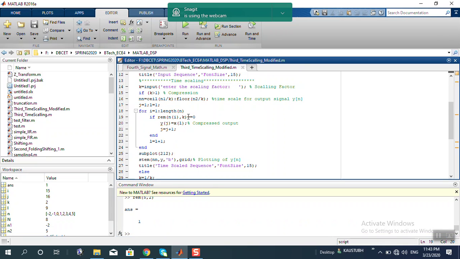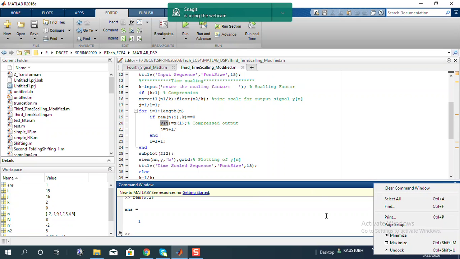So if that remainder is equal to 0, then only the value of x at that index for which the remainder is equal to 0 is assigned to y. Now j is 1, l is 1, so y of 1. Suppose the time scale has started at -2. Here I am showing one example that would be better.